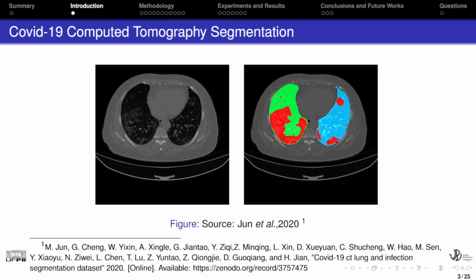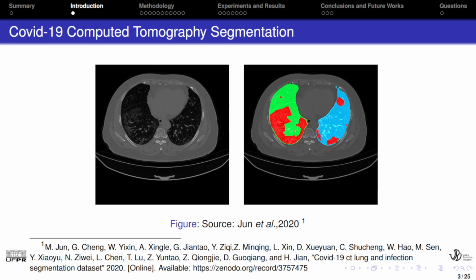In this article, we approach the COVID-19 computer tomography semantic segmentation problem. This problem consists in performing the per-pixel classification of COVID-19 lesions in the slices of computer tomographies of patients infected with COVID-19.